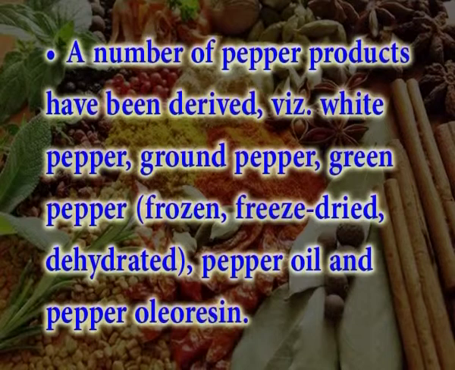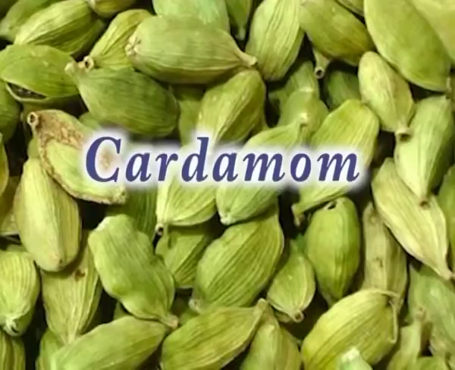Each fruit, called drupe, is globose in shape and 5 mm in size. It has a pungent taste that is used in flavoring food. A number of pepper products have been derived such as white pepper, ground pepper, green pepper, pepper oil and pepper oleoresin.